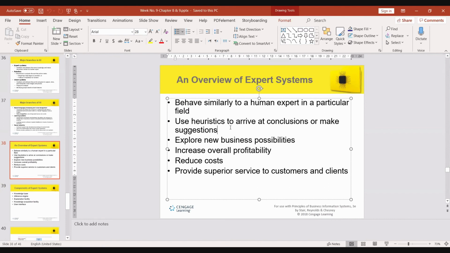They use heuristics. What is heuristic? The guidelines, the rules that are already written in the knowledge. It helps explore new business possibilities, increase overall profitability, reduce cost. Of course, it will reduce the tedious work of many people and provide superior service to customers and clients. Of course, the expert system cannot make a mistake like a human. Humans can make mistakes, but an expert system cannot. It simply follows the rules, the knowledge.